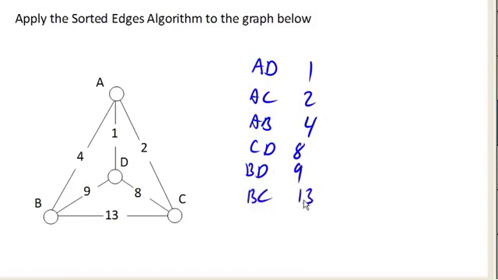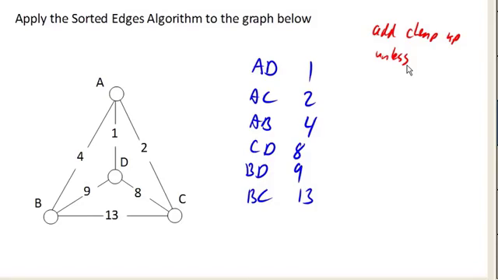And so now we're not going to worry about our starting location. We're not going to worry about connecting things. We're just going to go down the list here, and we're going to add these edges to our circuit from the cheapest up, unless one of two things happens.